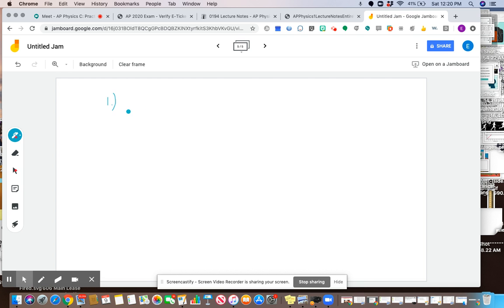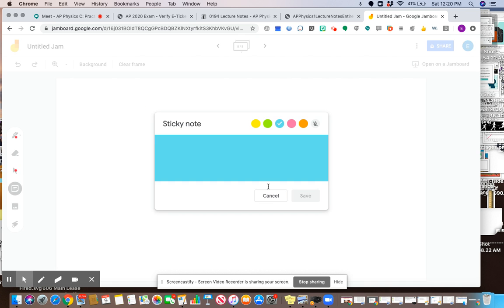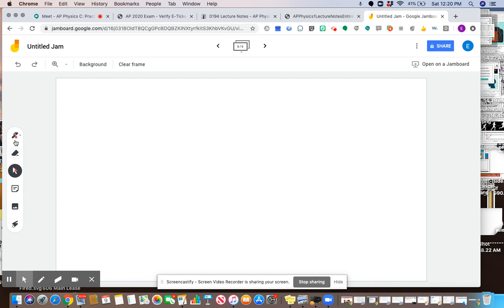So let's pretend the question is, we have an incline, right? And on the incline, we have an object rolling down it. Let's say it's a disc, versus a hoop.